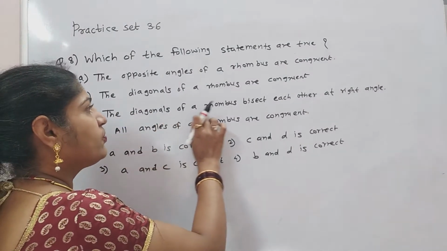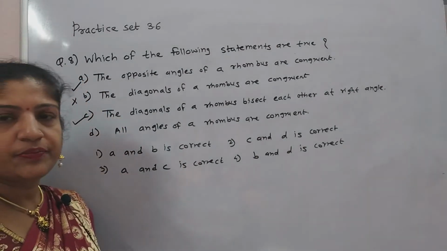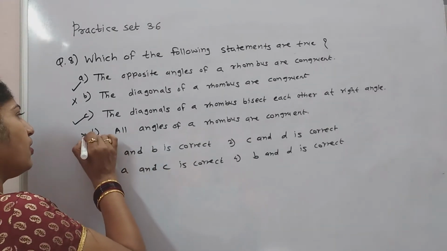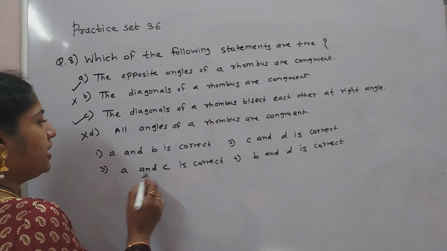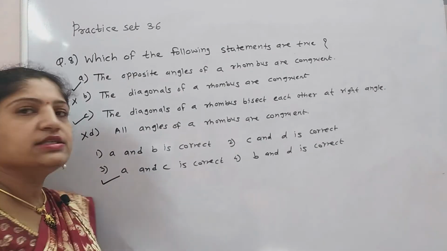The diagonals of a rhombus bisect each other at right angles. This option is correct. All the angles of a rhombus are congruent. Wrong, opposite angles are congruent. So A and C are the correct options. So the answer is option number 3.